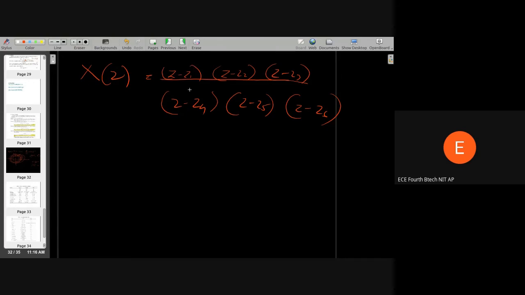So when z equal to z1, obviously the Laplace transform exists, but the value goes to 0. That's fine. So the transform exists in those regions. But when z equal to z4 or z5 or z6, the Z transform does not exist. It goes to infinity. It is undefined, basically. So these points, you can plot.